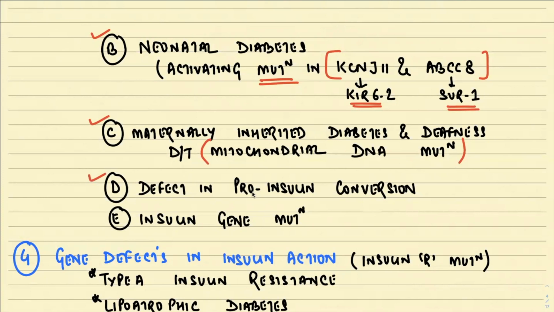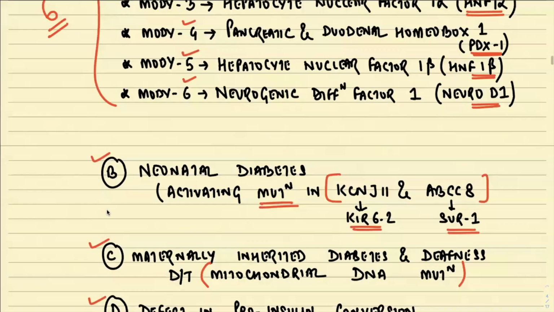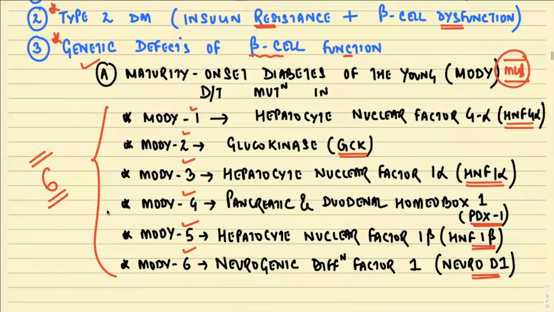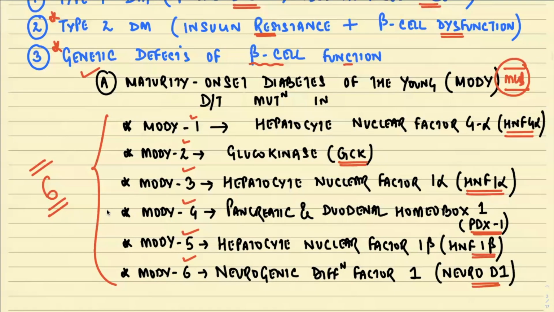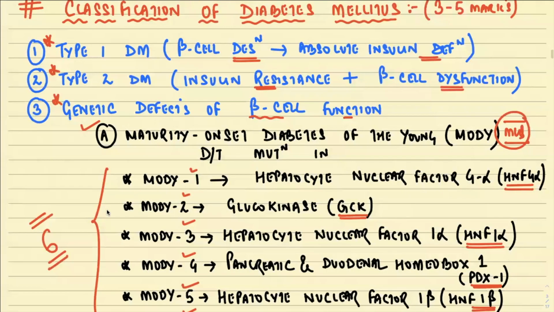There can also be a defect in the proinsulin conversion, because insulin is formed from proinsulin, so if this conversion is defective, it can happen, or insulin gene mutations. So these are the 5 classes of mutations coming under the genetic defects of beta cell function. So this was the 3rd category under the classification of diabetes mellitus.